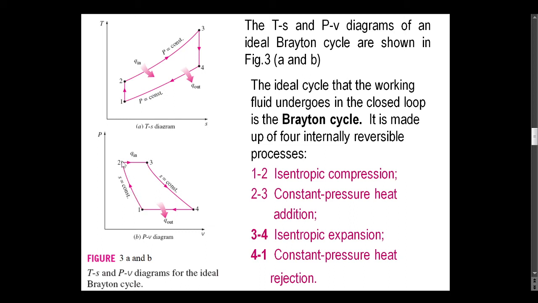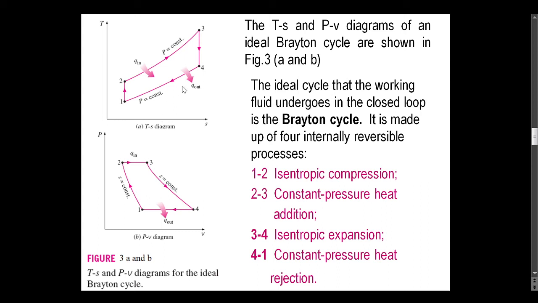Similarly, 2 to 3 is the constant pressure heat addition, 3 to 4 is the isentropic expansion, and then 4 to 1 is the constant pressure heat rejection process.